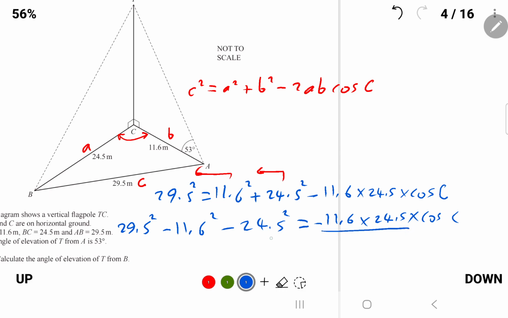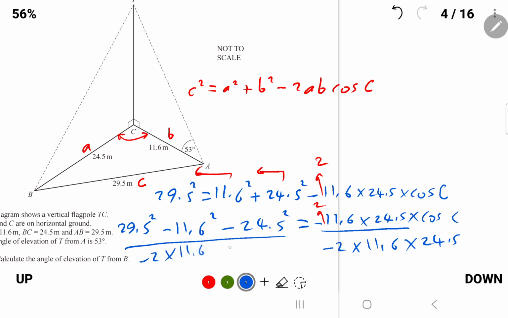Next step, we divide both sides by the coefficient of cosine C, which is minus 2 times 11.6 times 24.5. I forgot to put the 2 here, so you have 2. Right. So now you divide by minus 2 times 11.6 times 24.5.